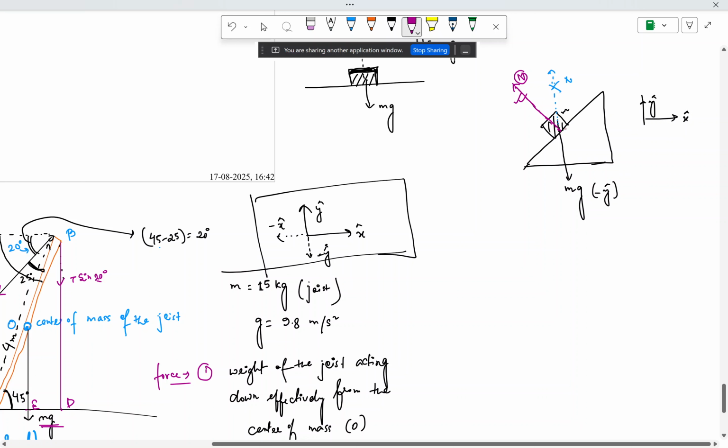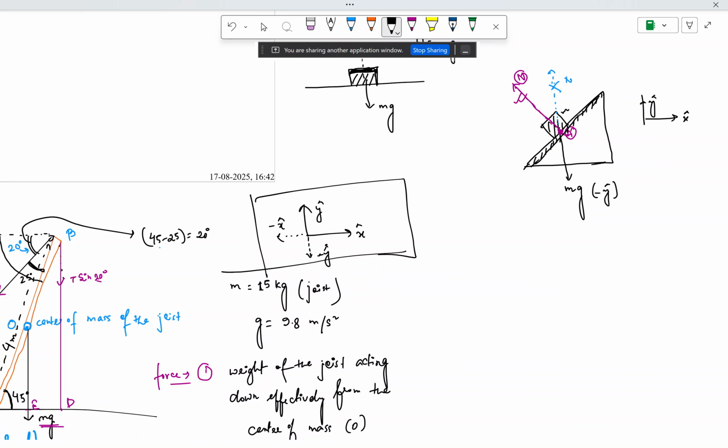So here the touch point is A. If your object is on a slope, and the base on which the object is in contact is a slanted plane, which is this line, then the contact force rule is that it will always be perpendicular to the point of contact of the body and the base plane.